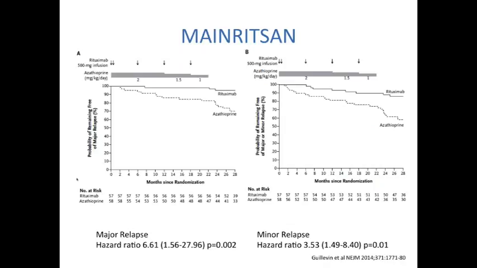It's worth noting that he used 500 milligram infusions, whereas the standard dose that's certainly been used in the UK and I think also in the USA is a gram.